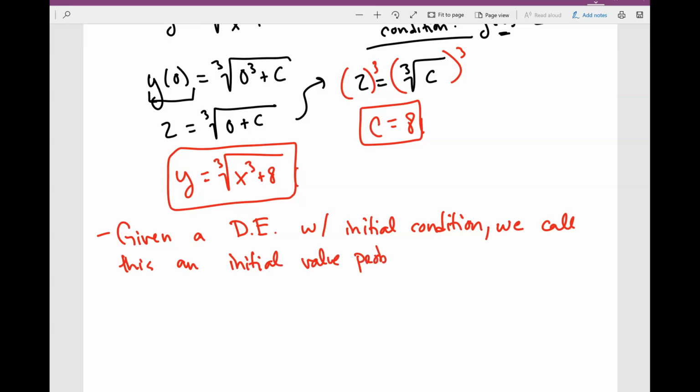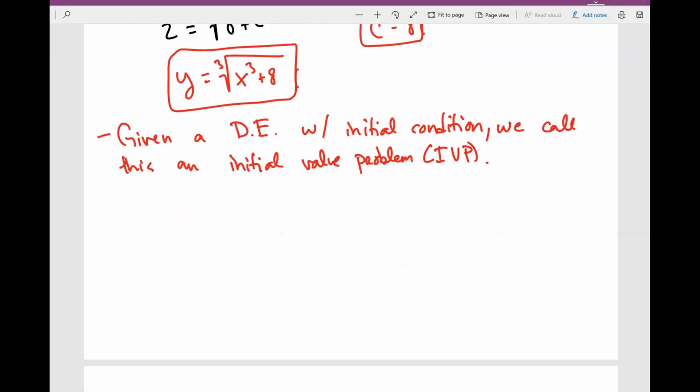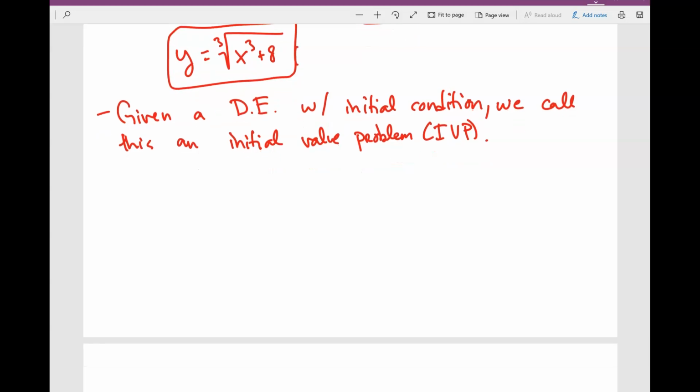And usually, we call them an IVP. So if we have an IVP, which means a differential equation with an initial condition, then we can try to figure out the value of the constant. Okay, so let's do a quick example of that.